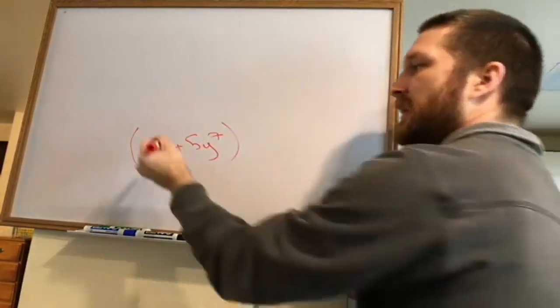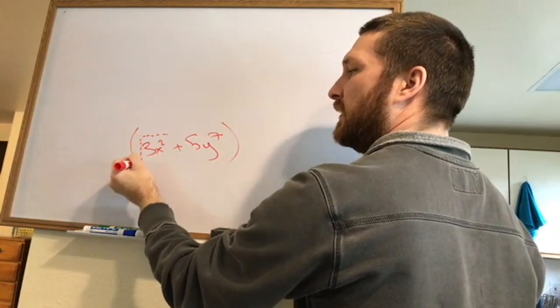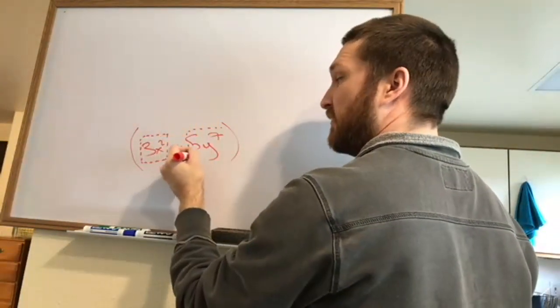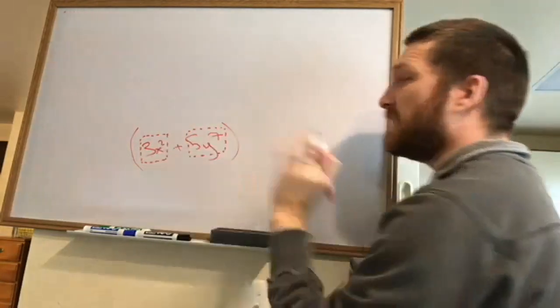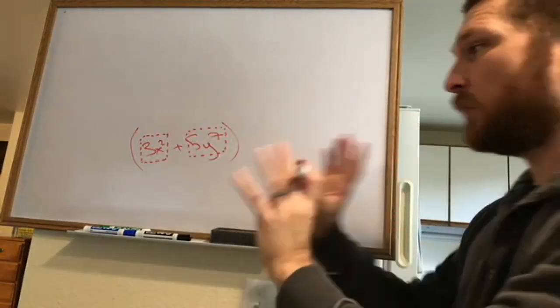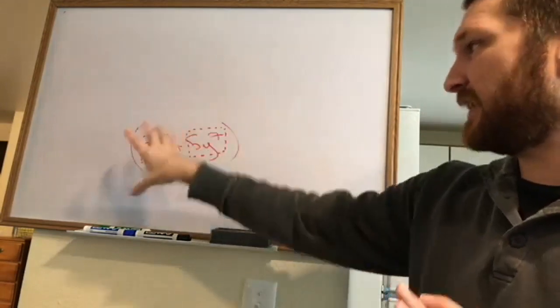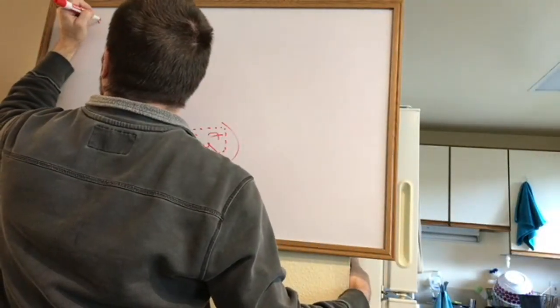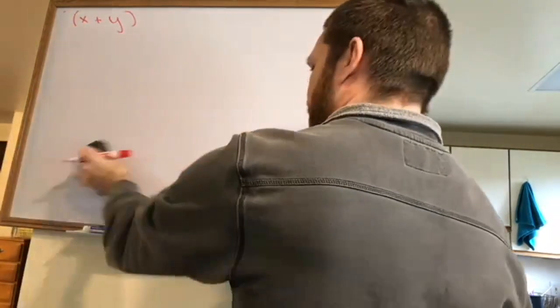Whatever goes here is one number. Whatever goes here is a different number. They might have mixed variables. They might not, but we're just going to rewrite whatever it is as x plus y. And let's start off with this.